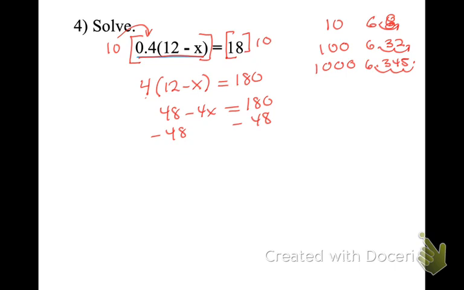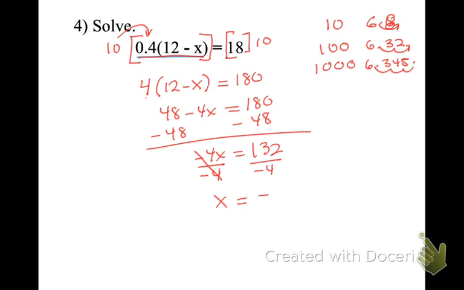And I get 132. Okay, I'm dividing by negative 4. X equals 132 divided by 4 is negative 33.